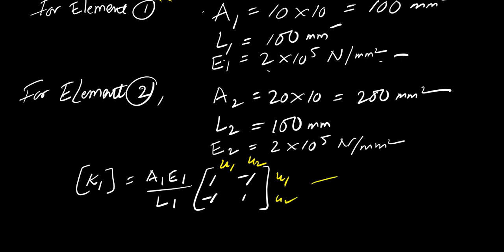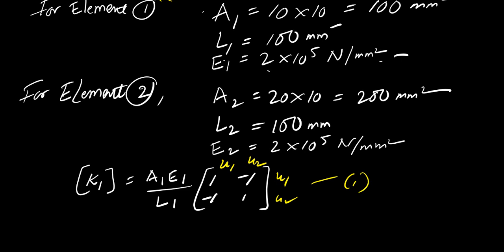Similarly you write for element 2, A2 E2 by L2 times [1, -1; -1, 1], and the connectivity is U2 to U3 for element 2. Later you assemble the global stiffness matrix K.